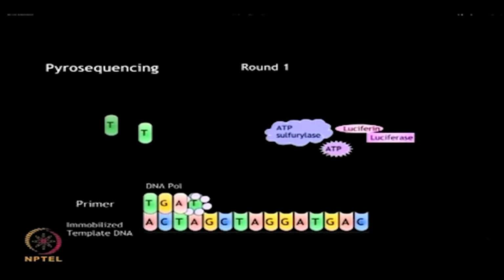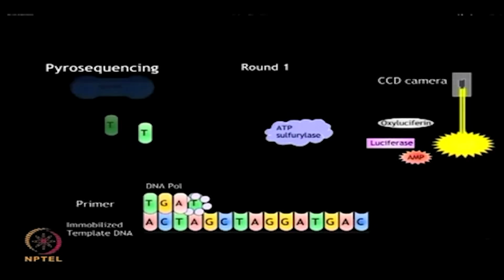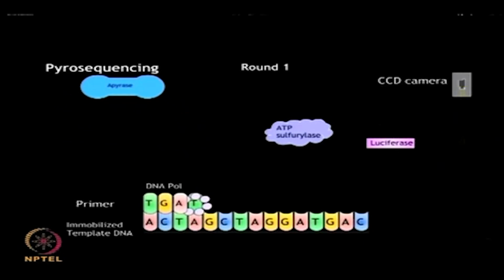The release of an equal amount of pyrophosphate is determined by its conversion to ATP by ATP sulfurylase, which in turn is determined by the release of light on reaction with luciferase. The amount of light produced is detected by a CCD camera, which is used to determine the nucleotide added and therefore the sequence of the template DNA.